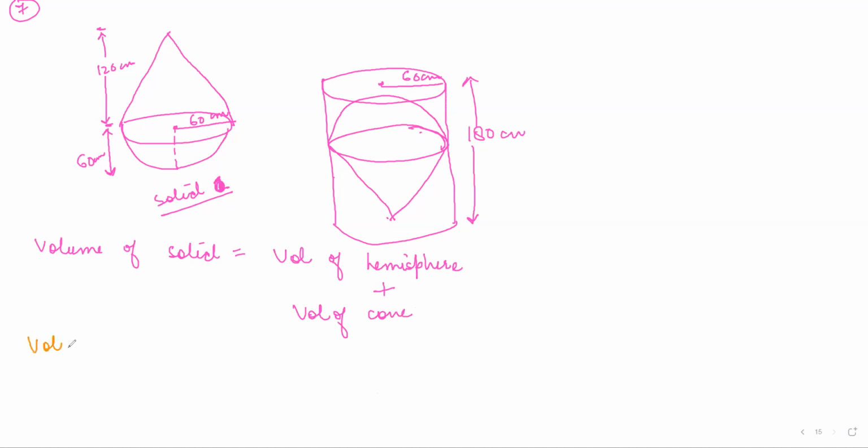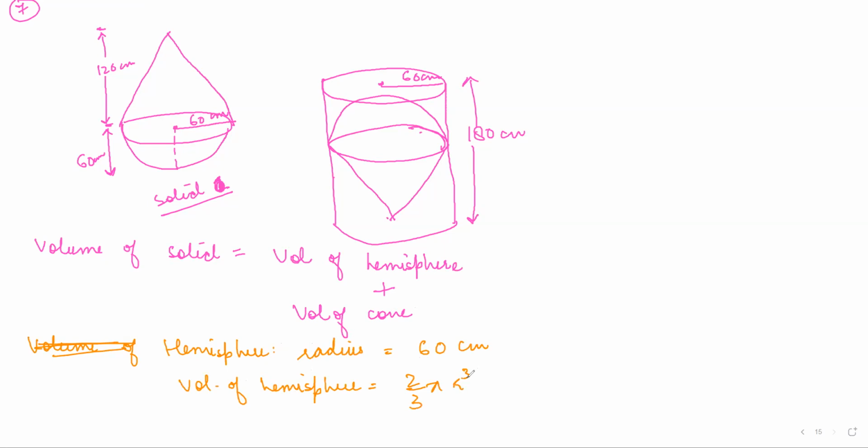First write about the hemisphere. How much is the radius? Radius is 60 centimeter. So volume of hemisphere is 2 by 3 pi r cube, right?